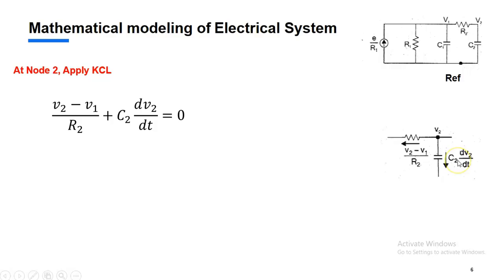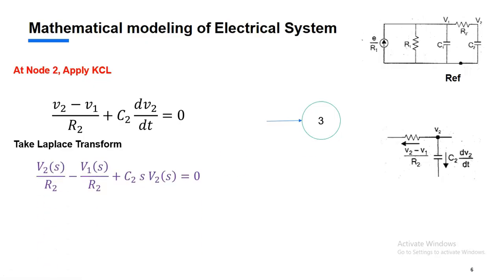Current through the capacitor is C into dV by dt. So here it is C2 dV2 by dt. This is equation 3, and we have to take the Laplace transform. It is V2 of s by R2 minus V1 of s by R2 plus C2, when we find d by dt, it is s, V2 of s is equal to 0.